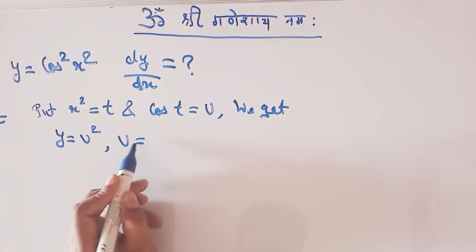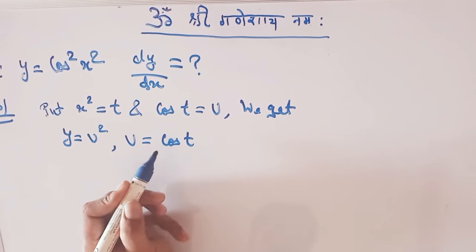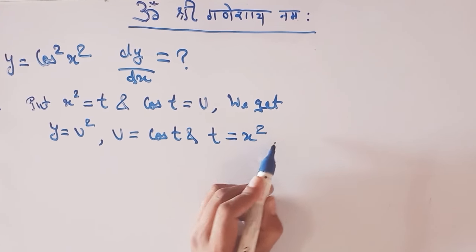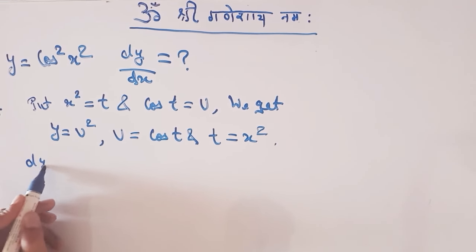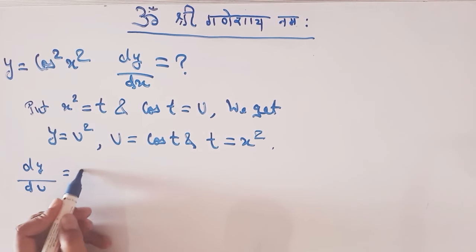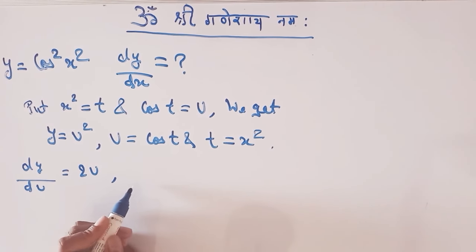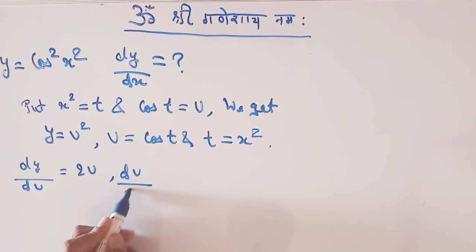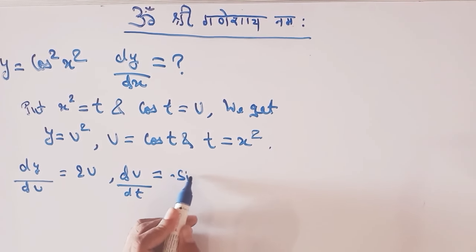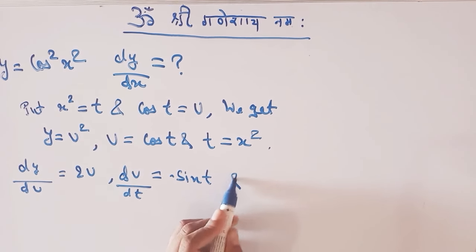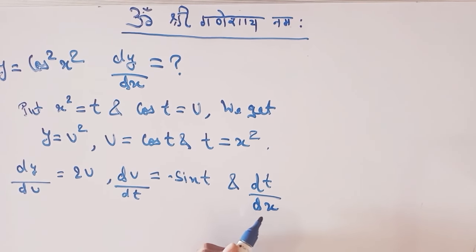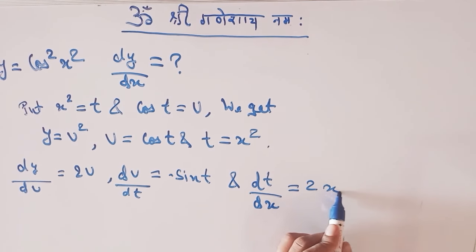u is equal to cos t, and t is equal to x square. Now we have to find dy upon du, which is equal to 2u, and du upon dt is equal to minus sine t, and dt upon dx is equal to 2x.